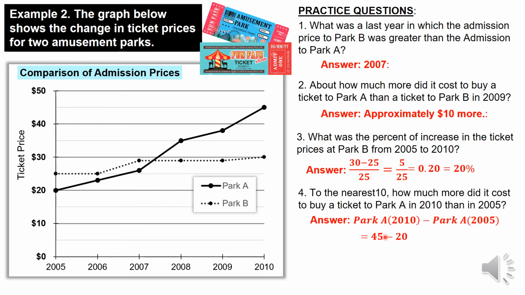So this is an approximation, only an approximation. So we have 25. So it costs $25 more to buy a ticket in Park A in 2010 than in 2005.